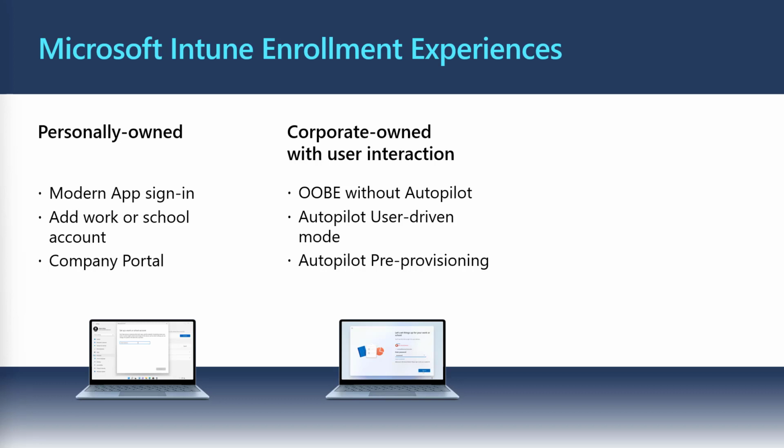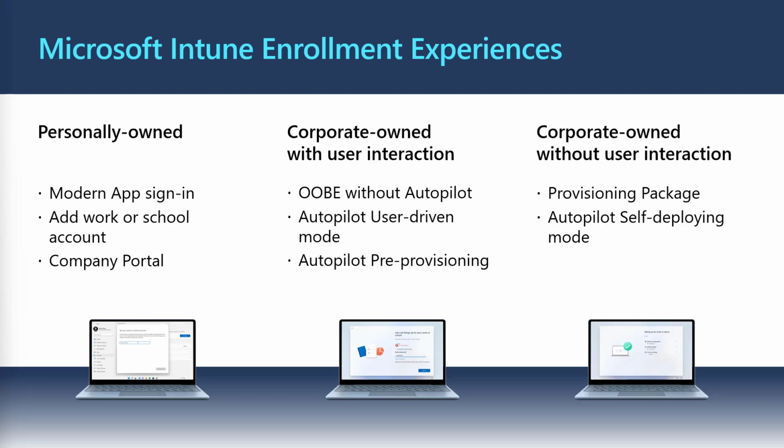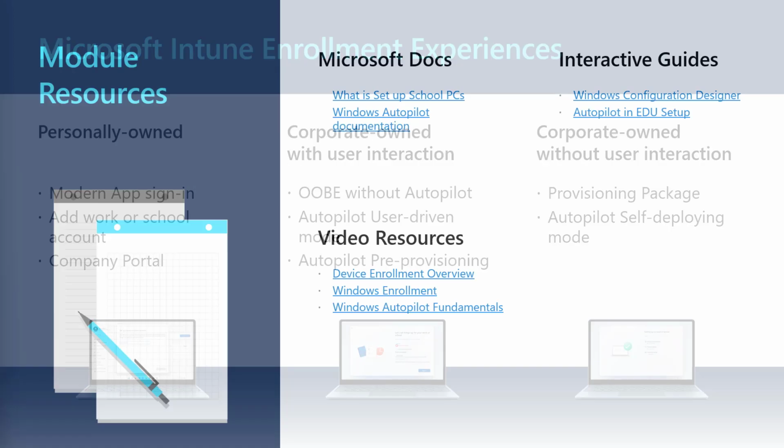First, by looking at enrollments with user interaction with a standard out-of-box experience in Windows 11, then Windows Autopilot User-driven mode, and at the end, the enrollment with Autopilot pre-provisioning. For corporate-owned devices without user interaction, we looked at how to create a provisioning package using the new version of Set Up School PCs, then we provisioned the device with that same provisioning package. In the last walkthrough, we looked at Autopilot Self-deploying mode.